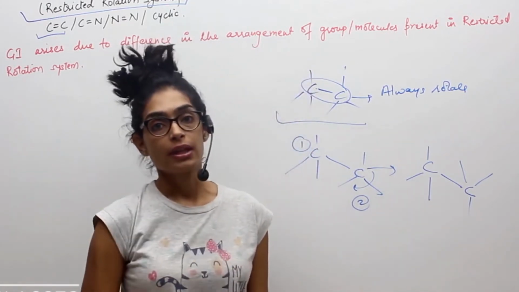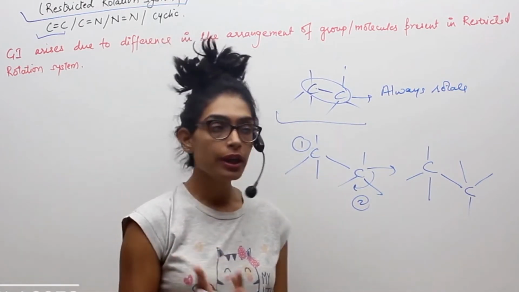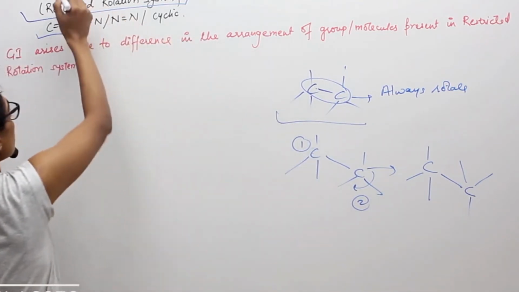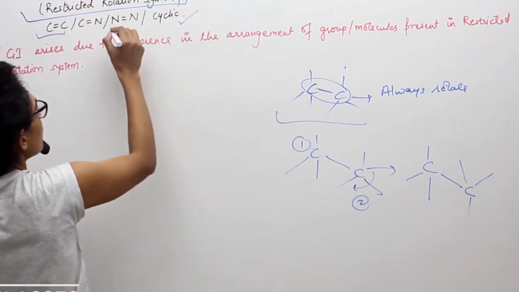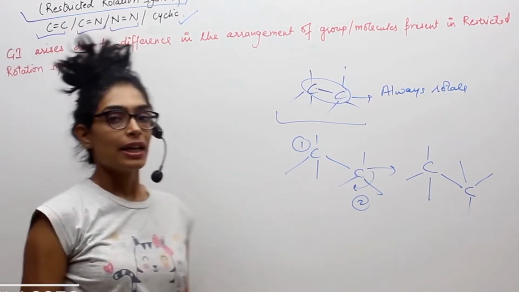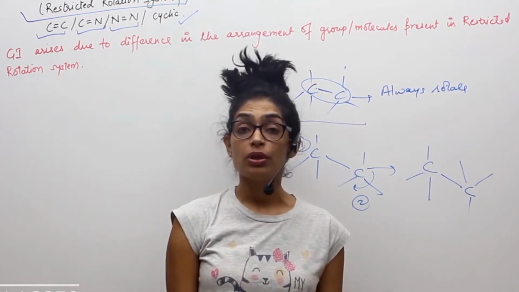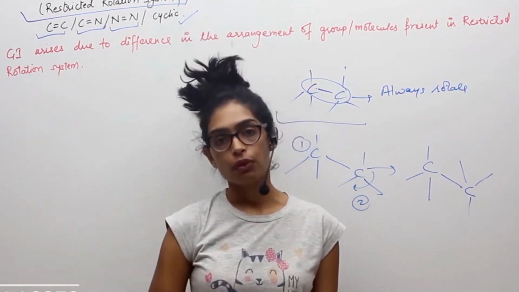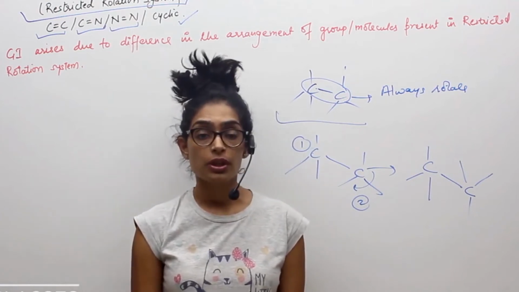Rings also have restricted rotation, and when they cannot rotate they can show geometrical isomerism. So in any cyclic ring, N double bond N, C double bond N and C double bond C, if any of these conditions is present, the molecule is capable of showing geometrical isomerism if other conditions are fulfilled. Okay.